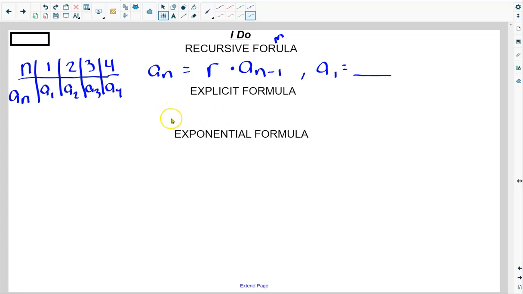So you're going to have A N equals A1 times R, and up here we're going to have N minus 1.